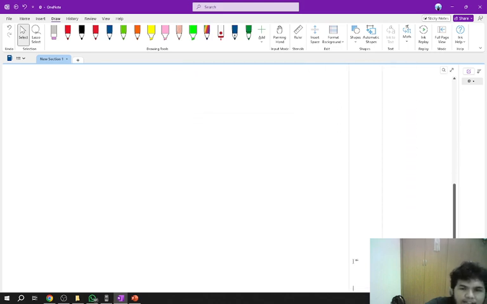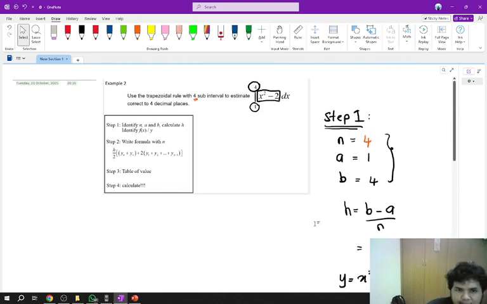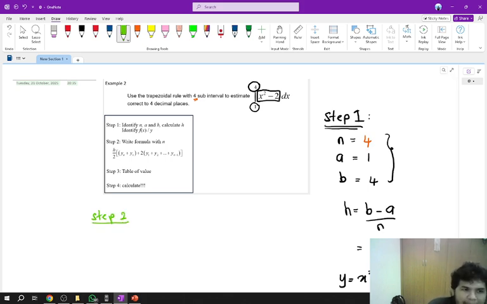Next we move on to step number 2. From the formula we need to substitute n with what we have, so just replace n with 4.